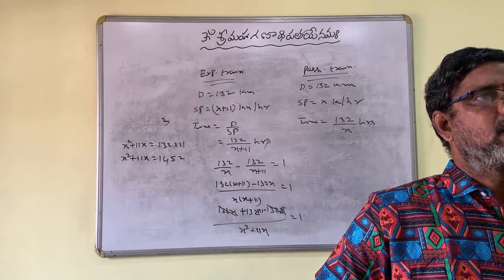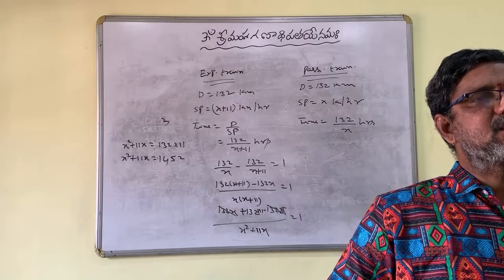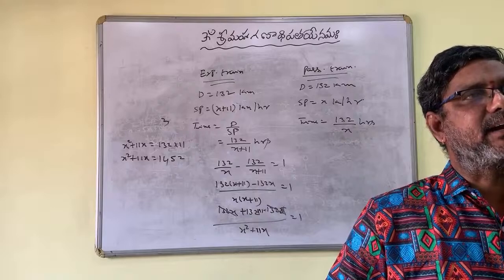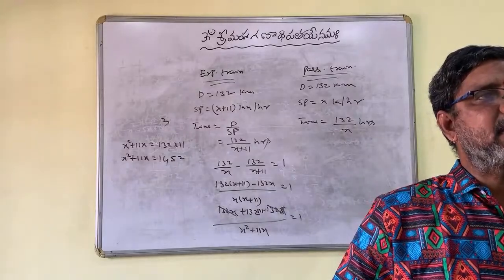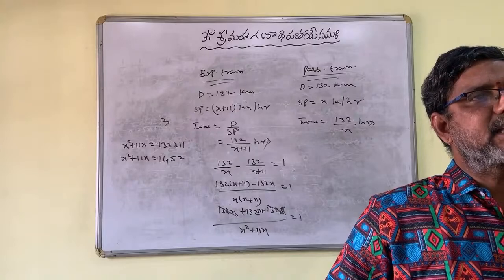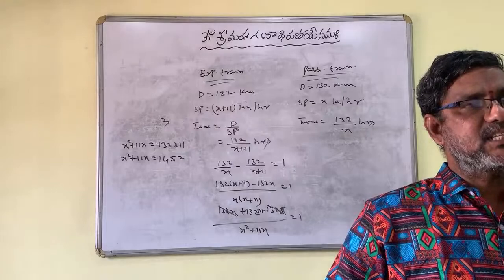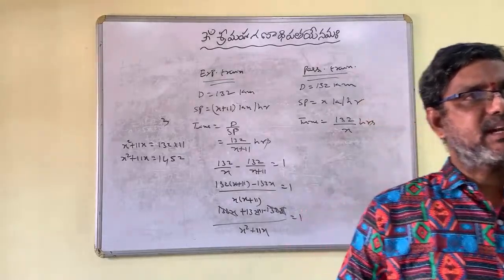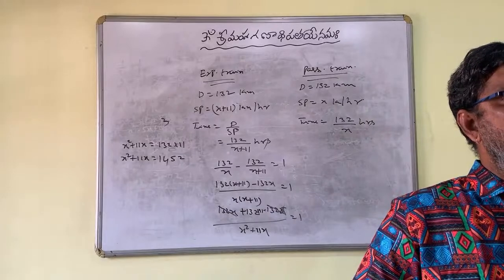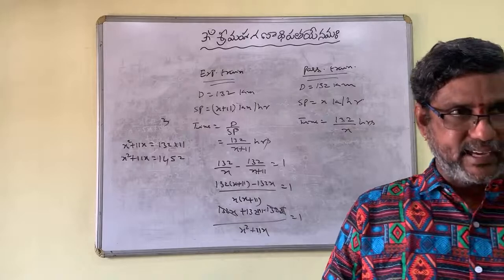The distance is the same for both the trains, but the speeds are different. Express train is x plus 11 kilometers per hour, passenger train x kilometers per hour. Then time taken is distance by speed. Express train is 132 by x plus 11 hours, passenger train 132 by x hours.